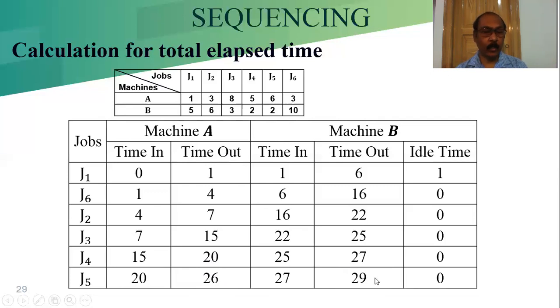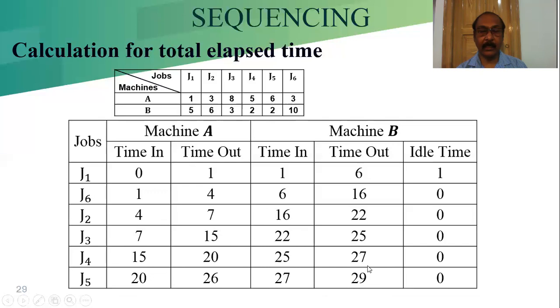Until job 5 is complete in machine B, we cannot start a further job in the queue for another lot. That means that time machine A is idle. So how much time is machine A idle until job 5 completes? We can find out: 29 minus 26.